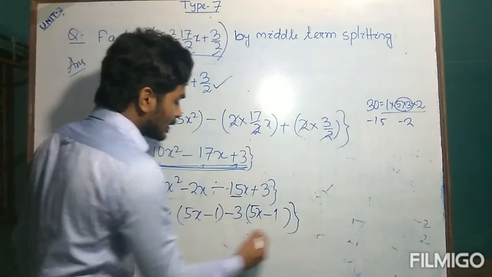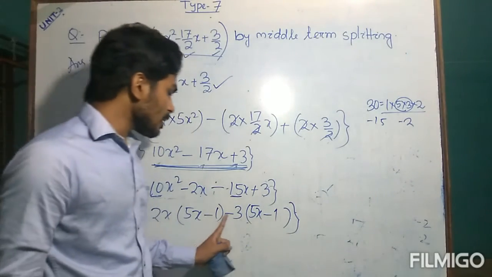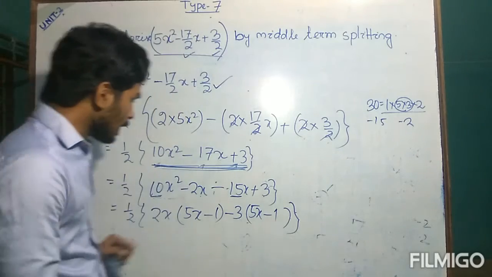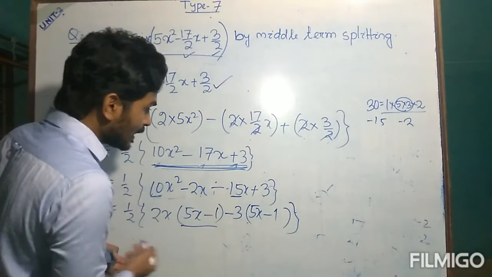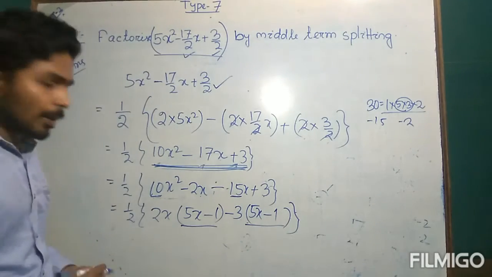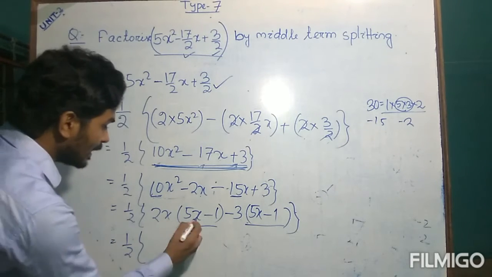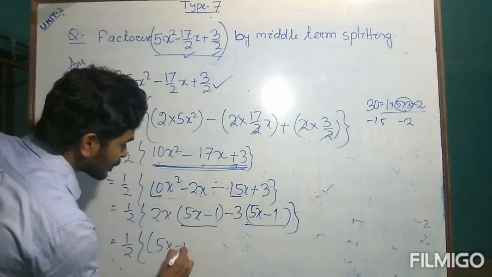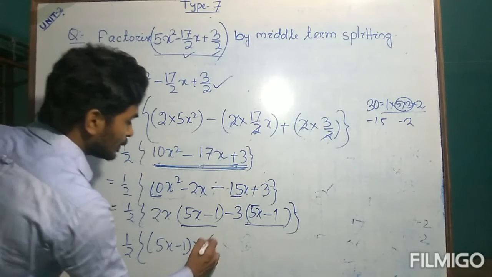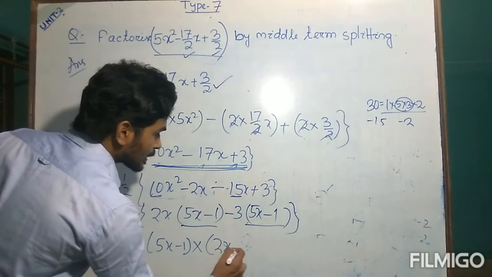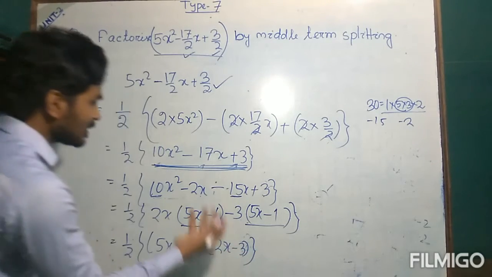So finally you get 2x whole into 5x minus 1 minus 3 whole into 5x minus 1. From these two terms you can take 5x minus 1 as common. So the answer is half bracket 5x minus 1 whole into the remaining 2x minus 3, and now it is complete.